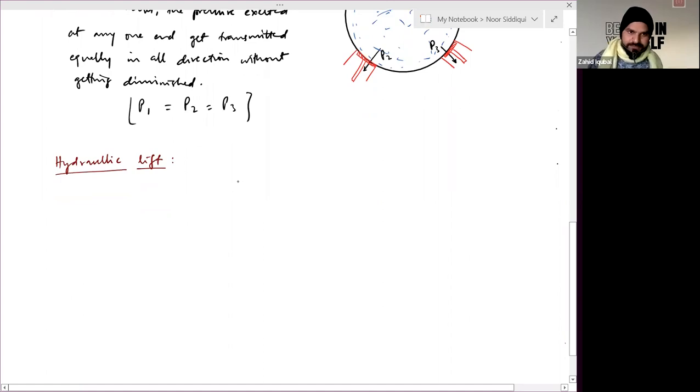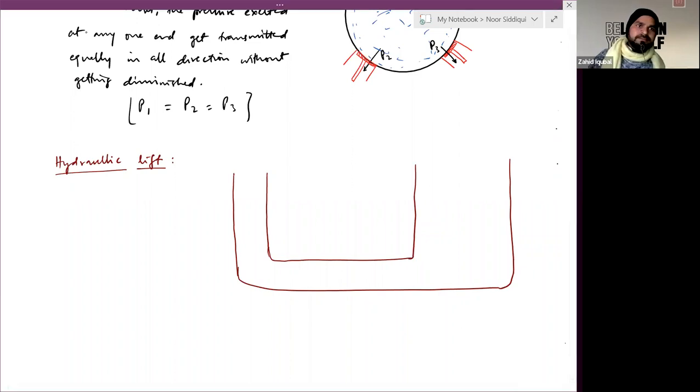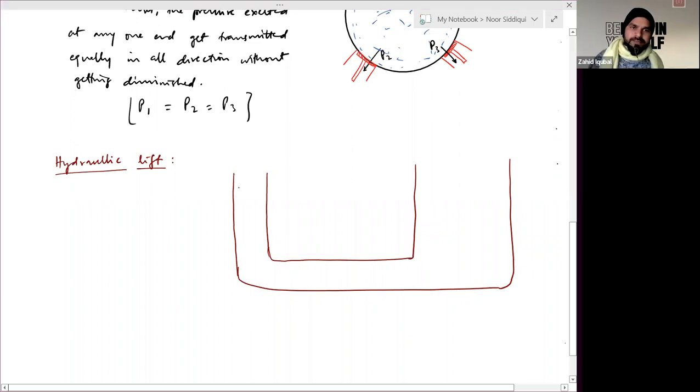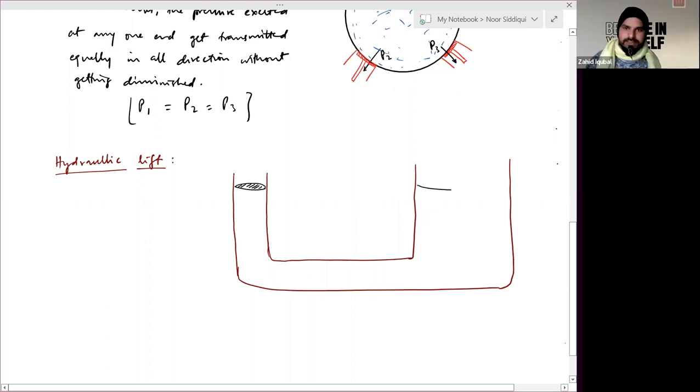Let me define it. There is a piston at this point, another at this point.